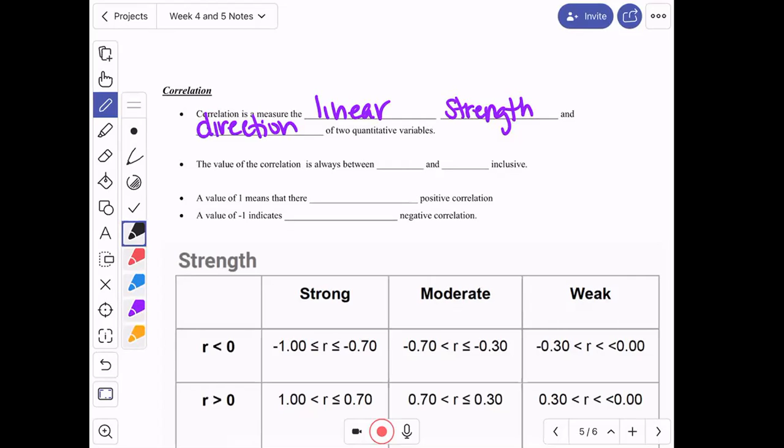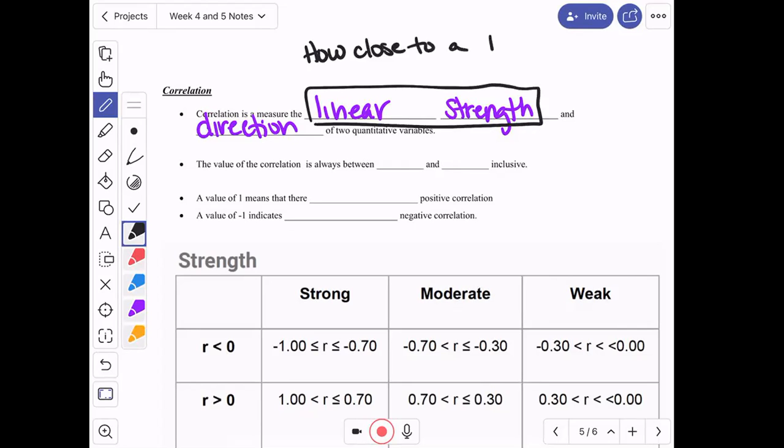Linear strength literally means how close to a line is the data. And we already saw the direction means, is it positive, is it negative, or is it 0?